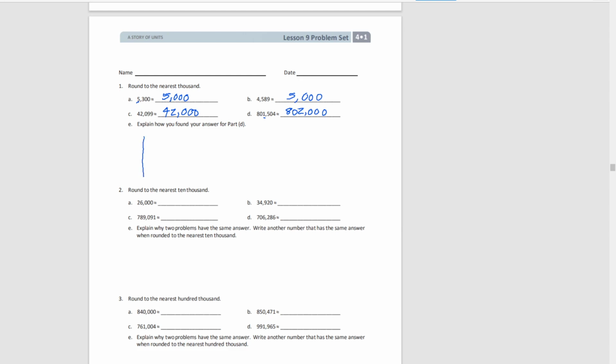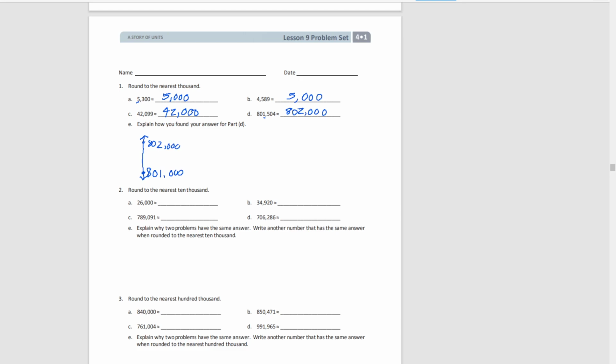But you can use words, pictures, numbers. I'm just going to draw a number line. So at my low end, it's going to be 801,000, and at the high end, it's going to be 802,000.